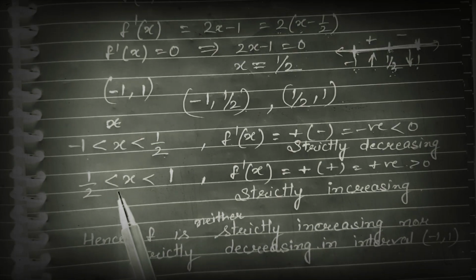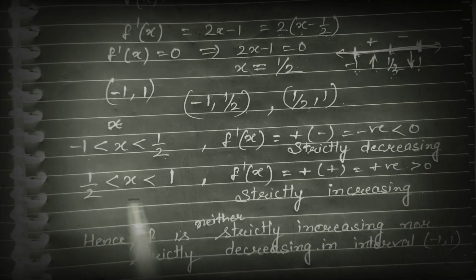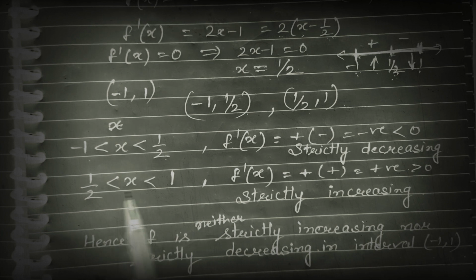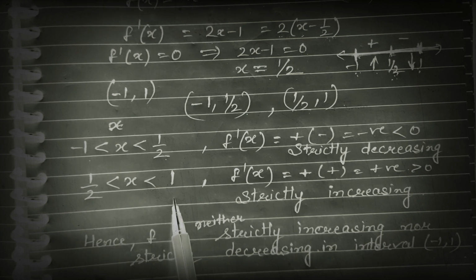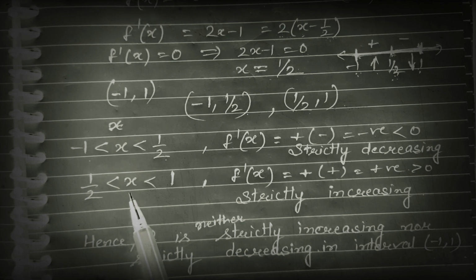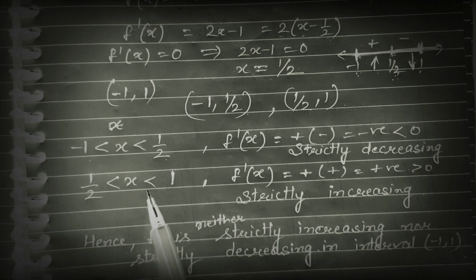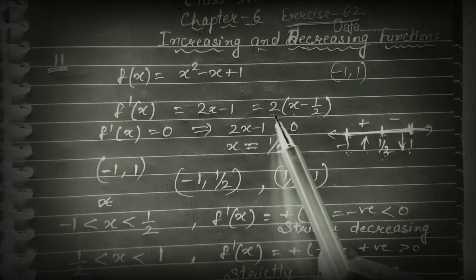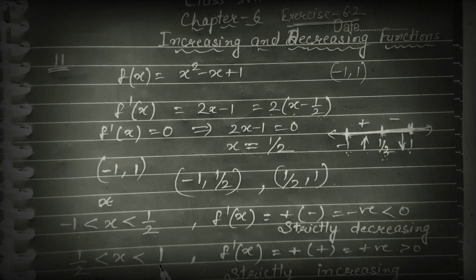Now if you take an x value between 1/2 and 1, then f'(x) will be, take anything between 1/2 and 1. Suppose you can take 3/4 between 1/2 and 1. If I am taking 3/4 here, 1/2 is 0.5, and the other is 1.